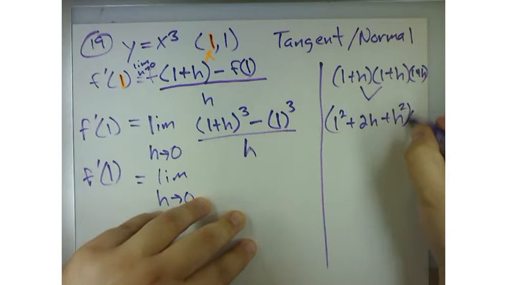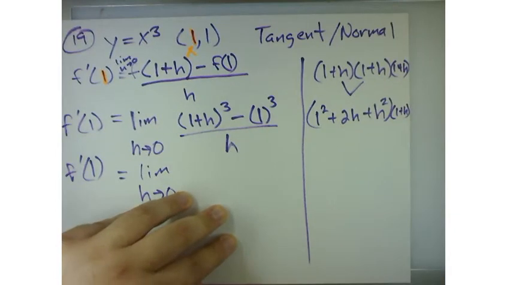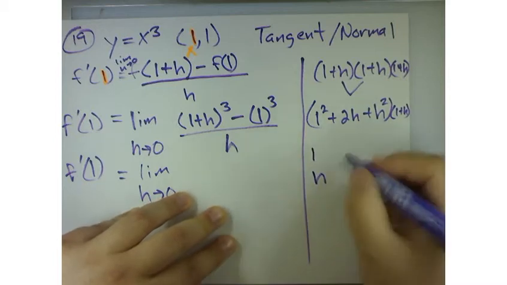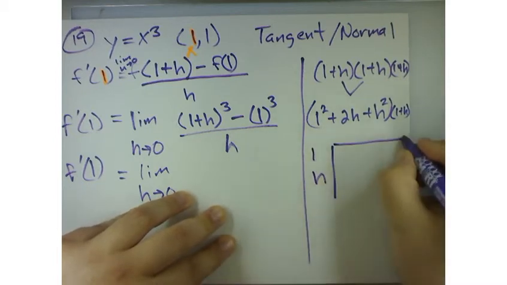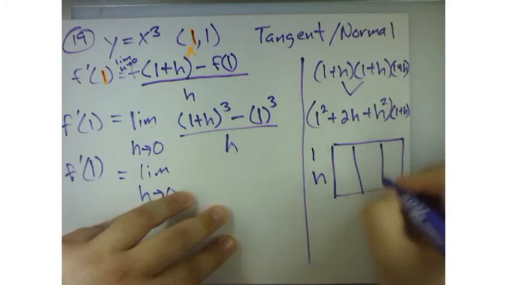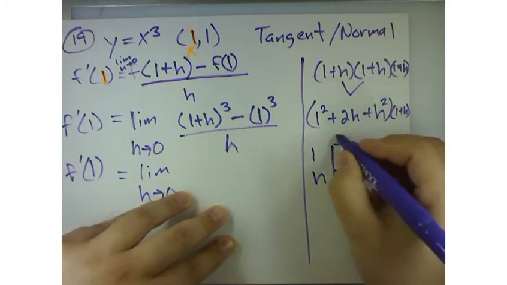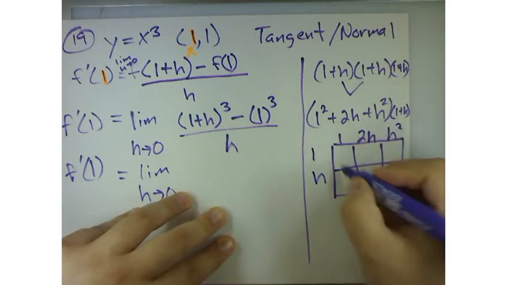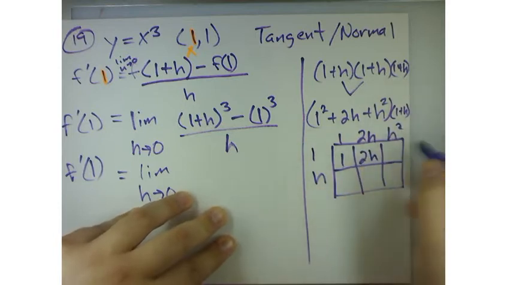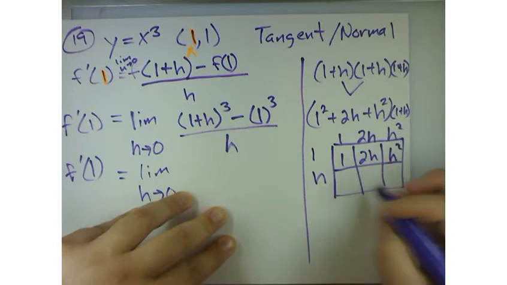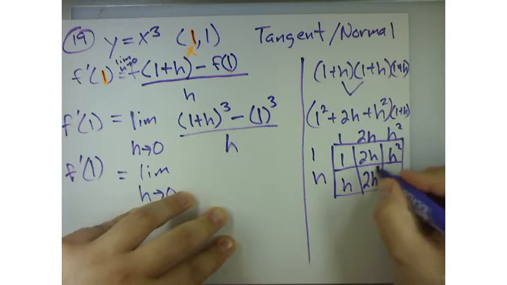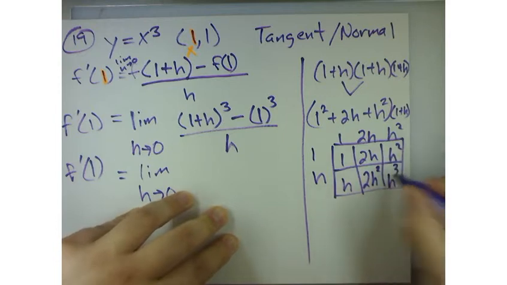And that's got to be times 1 plus h. Well, 1 squared is just 1. So I'm going to say 1 plus h times 1 plus 2h plus h squared. So I've got 1, 2h, h squared, and this becomes h, 2h squared, and then h cubed.